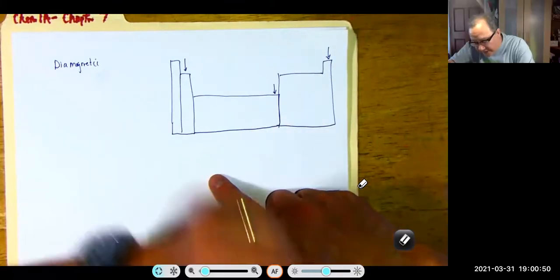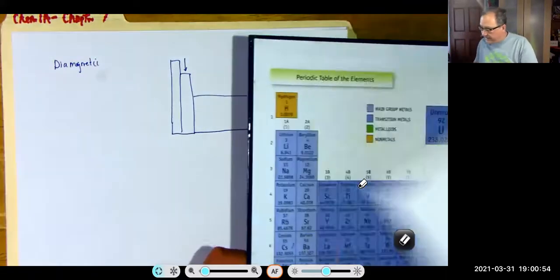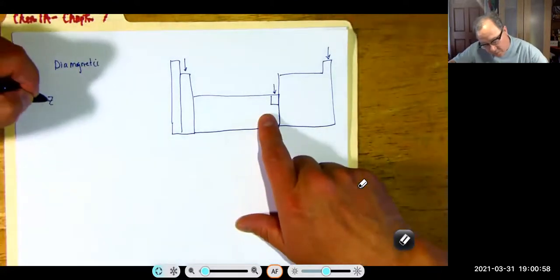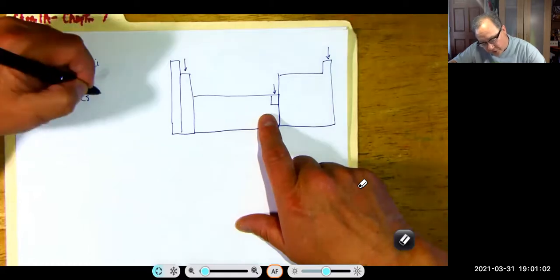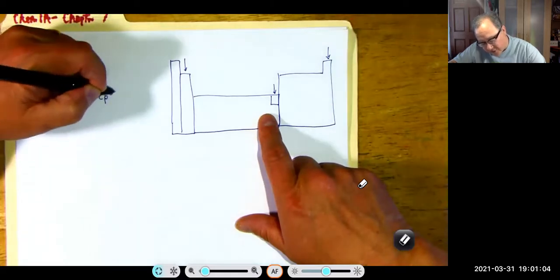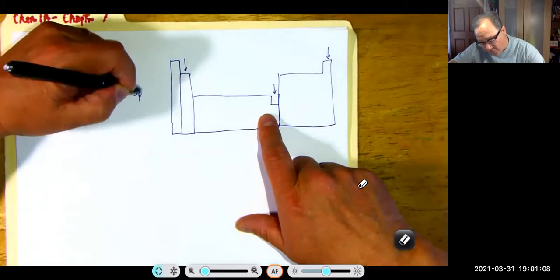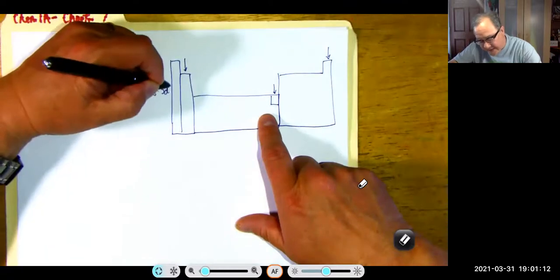Well, let's take a look at this guy right here. That guy is zinc. So zinc would be 1s2, 2s2, 2p6, 3s2, 3p6, 4s2, and then 3d10.